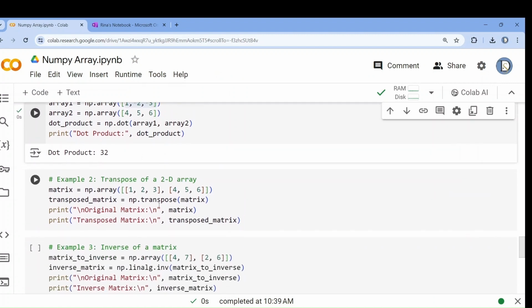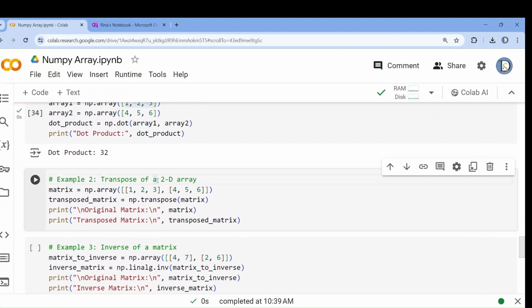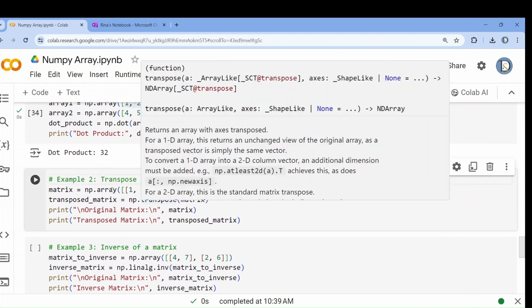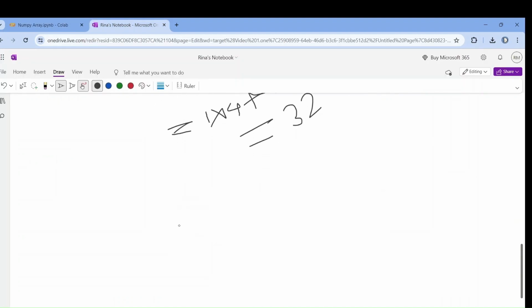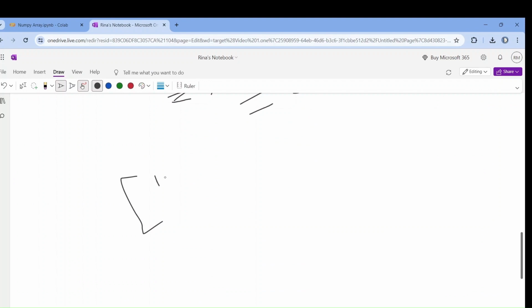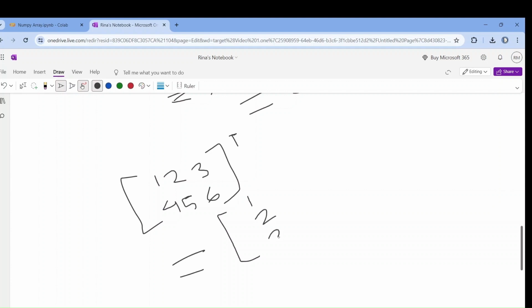Fine. Now here it is showing transpose of a 2D matrix. We have already learned that transpose means the rows will become the columns, and the columns will become the rows. Let's do it. Okay. So if I transpose 1, 2, 3, you tell me the answer. Okay. 4, 5, 6. And now I will transpose the matrix. The transpose symbol is given this way. So what will happen? Simple. No worries. This one will come this side. The row becomes the column. So first I will write 1, 2, 3.